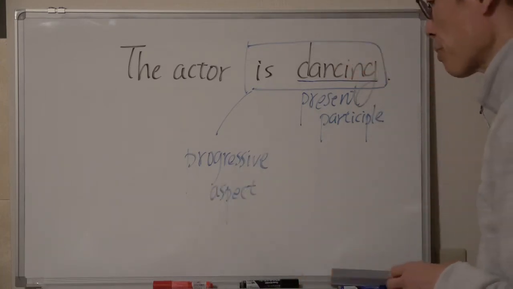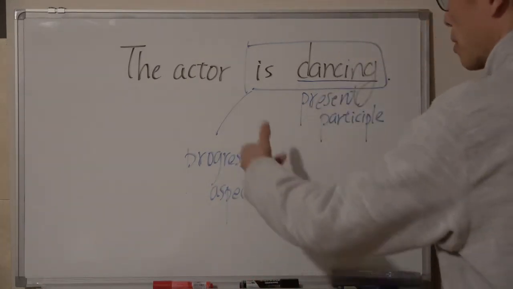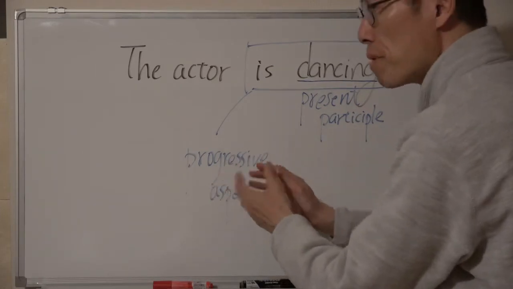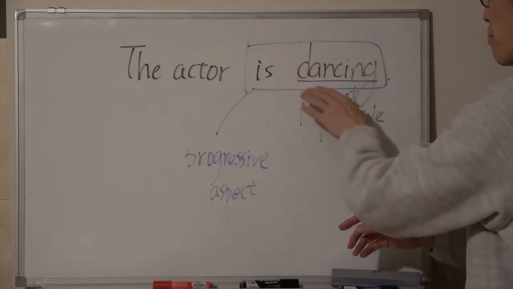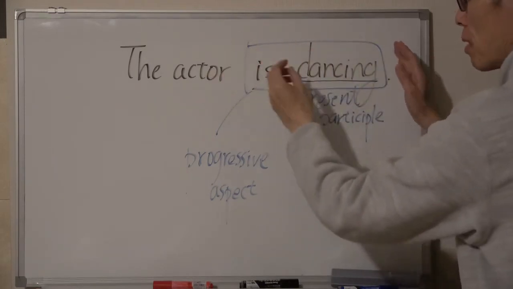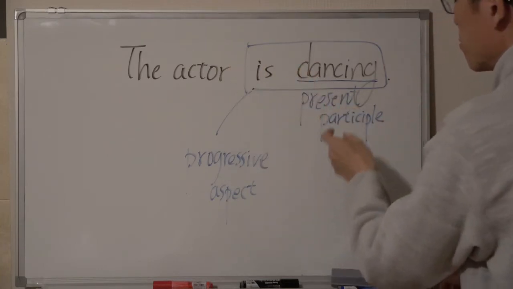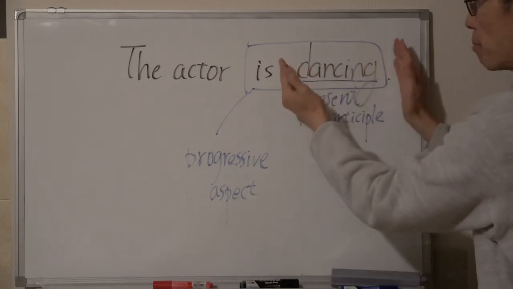So, guys, please make a very clear distinction between the two concepts. Progressive aspect means a verb and present participle. It's a combination. It's a phrase. But the present participle refers to one verb.